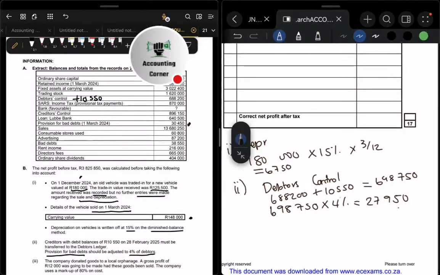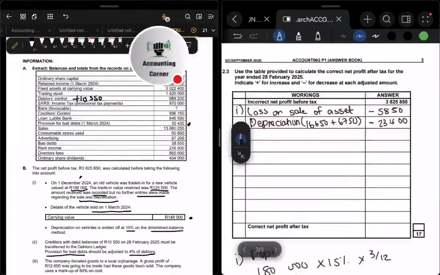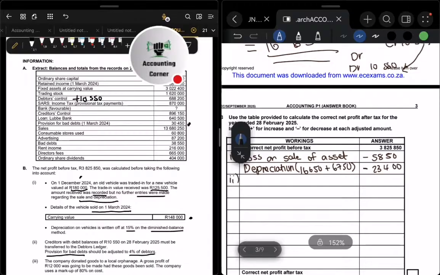So now this difference, which is a decrease, we would record it under income. So that means here we'll have to record it as a plus. So let's write down the provision for bad debts adjustment.